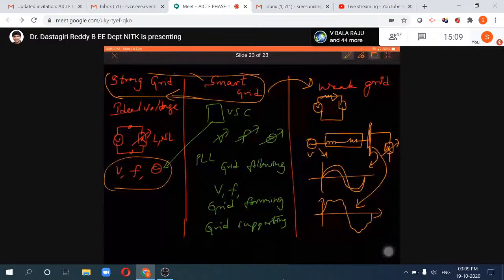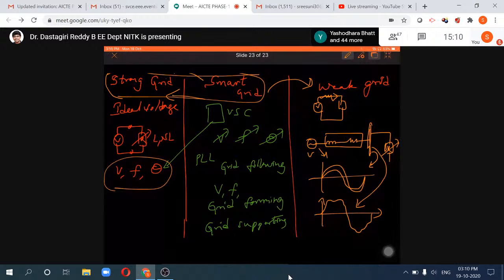There is no need to do too much research in that, just replacing a two-level converter with a multi-level or three-level converter. There may be some additional things, but it is already explored and published. Very few papers are there when it comes to the interaction of the smart grid and a weak grid.